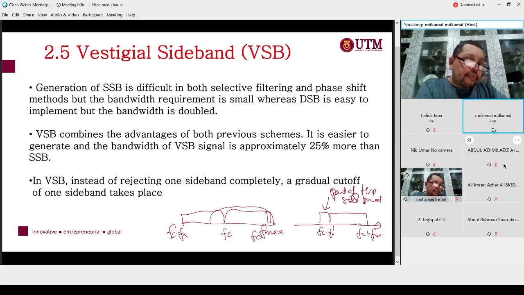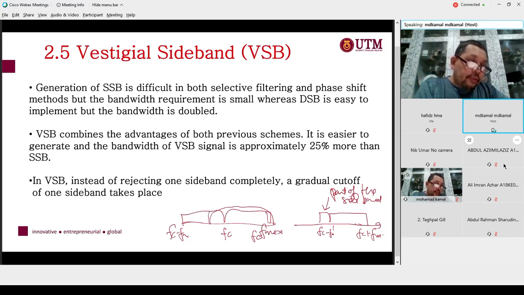This is very important in systems that use a very wide bandwidth, like our TV systems. Our TV system uses about 5.5 megahertz. If you transmit using both sidebands, it's useless because you need a higher bandwidth. So in order to reduce the bandwidth, you just keep part of this.